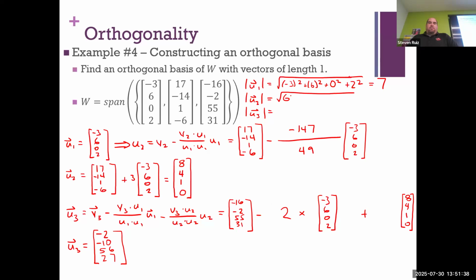The square root of 64 plus 16 plus 1, which is the square root of 81, or 9. And then U3, I would feel shocked if it came out to be nice. This comes up to actually 63. Oh, never mind.